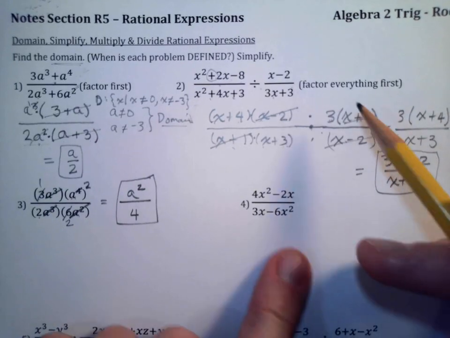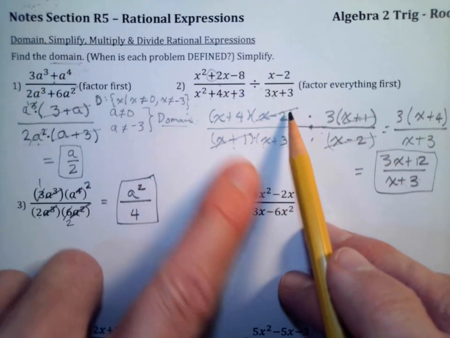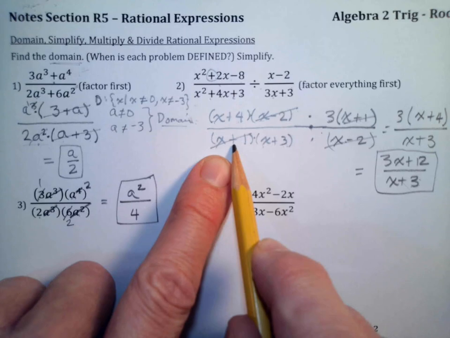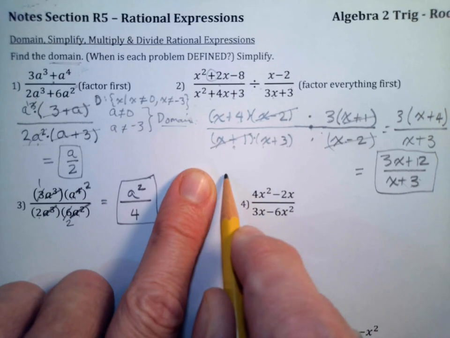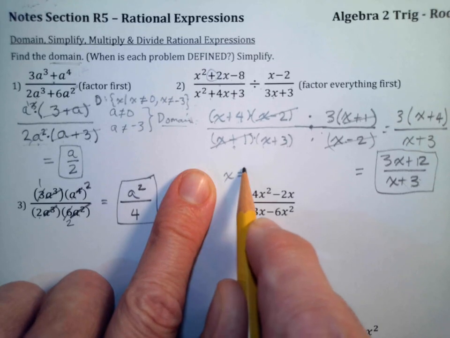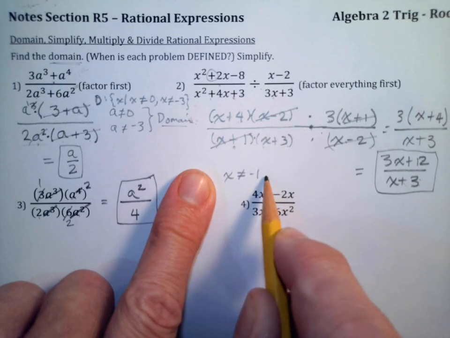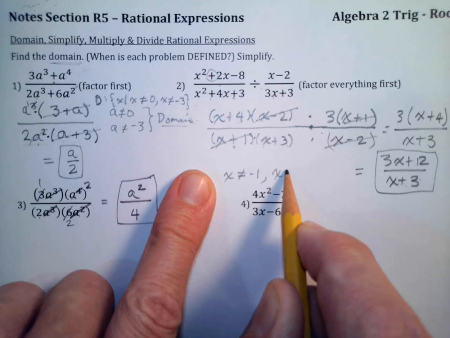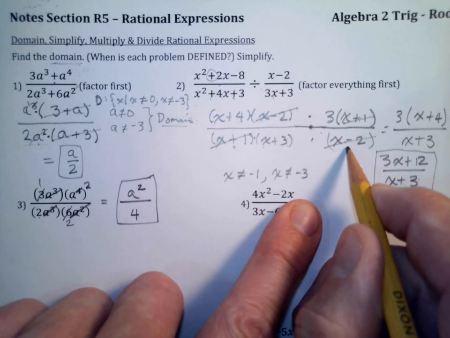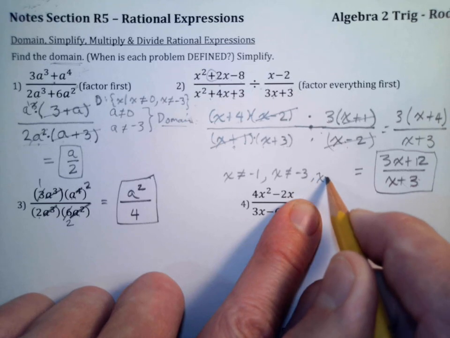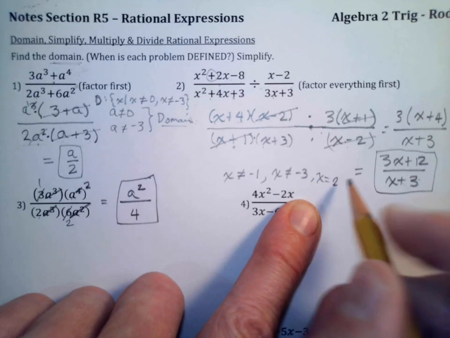Oh, we forgot to talk about the domain on number 2. So the domain, x can't take on a negative 1. So x cannot equal negative 1. X cannot equal negative 3. X cannot equal 2.